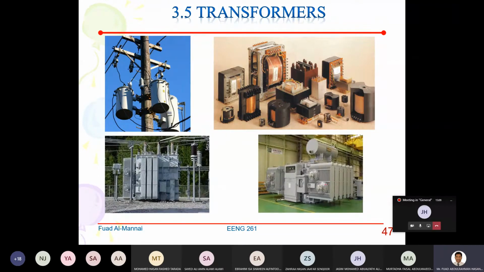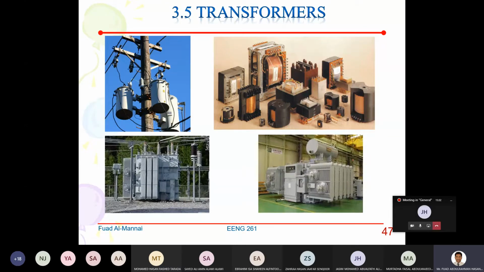And to the lower right-hand side of slide 47, you can see this is not only a transformer, but the whole power supply, a power plant. This is in your high-rise building, say a 20 or 40-story building.